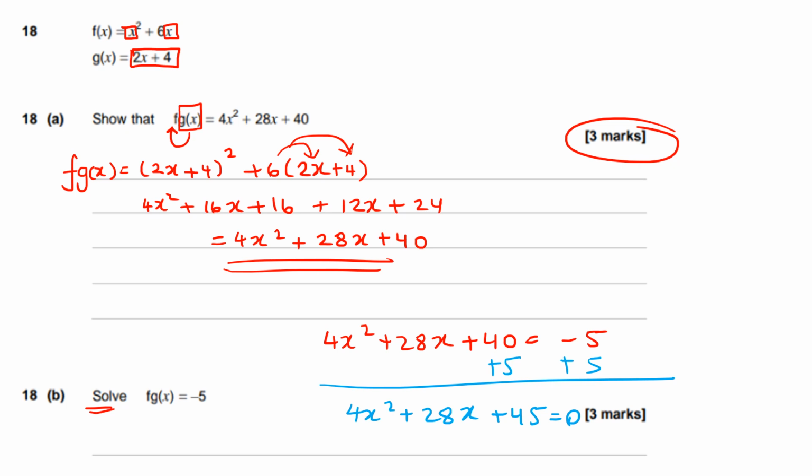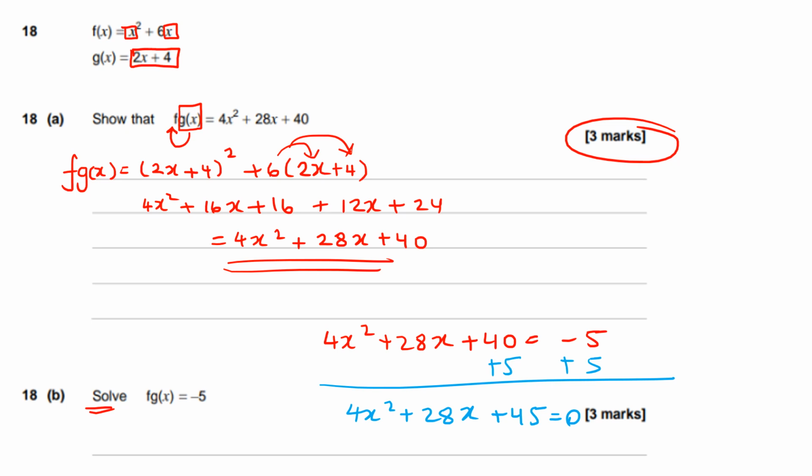So when we are factorizing these, I know some of you divided it by 4 to start with, but then if you do that, you're going to have to divide the -5 by 4. That would give you a decimal in the end. So you're going to need to think carefully about this. So in this case, you're either going to be completing the square to solve it, or you can use the quadratic formula x equals minus b plus or minus square root of b squared minus 4ac, divided by 2a.